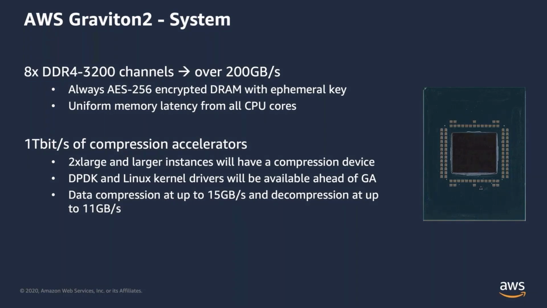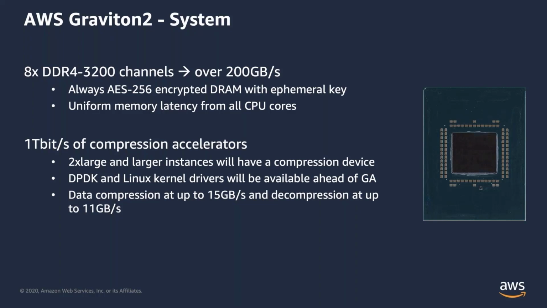At the system level, the Graviton2 processor has 8 memory channels, which gives over 200 gigabytes per second of memory bandwidth. And that memory is always encrypted using AES 256 with ephemeral keys that are generated at boot time.